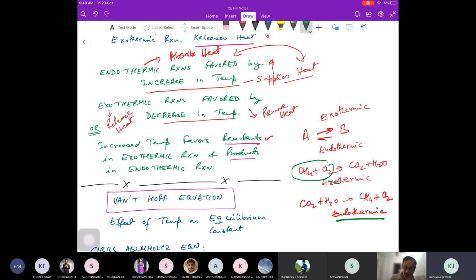Reactants है, यहाँ पर ये products है, right? So for an exothermic reaction, increasing temperature will favor reactants, means उल्टा reaction होगा, reverse reaction होगा, forward reaction नहीं होगा. Is this clear?